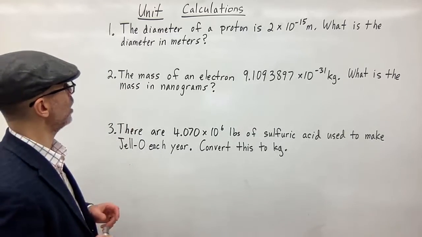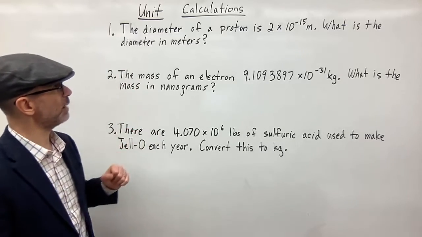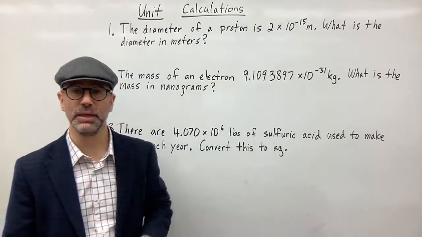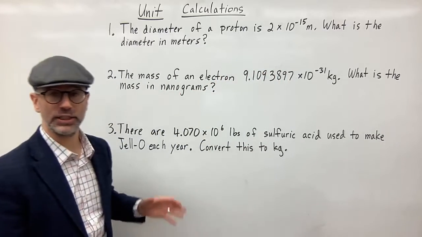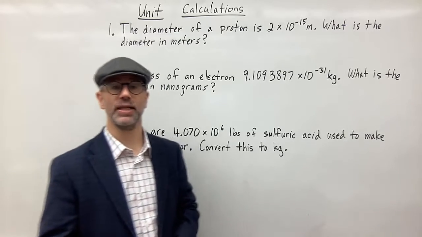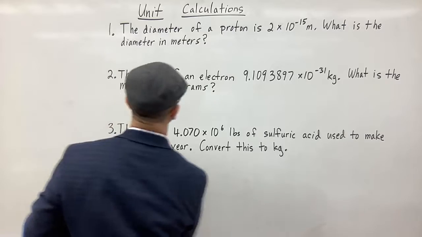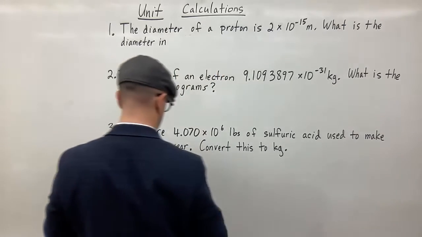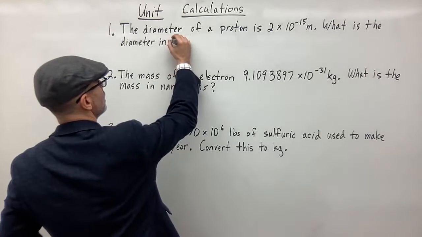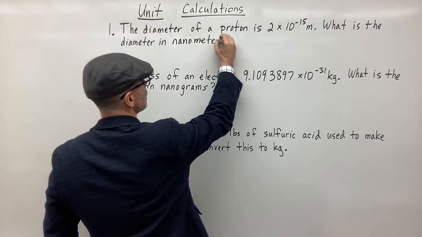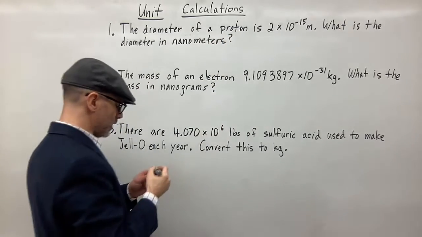So for problem number one, we're told that the diameter of a proton is 2 times 10 to the negative 15 meters. And then the question is, what is the diameter in nanometers? They give us meters. They want to know how many nanometers is the proton.